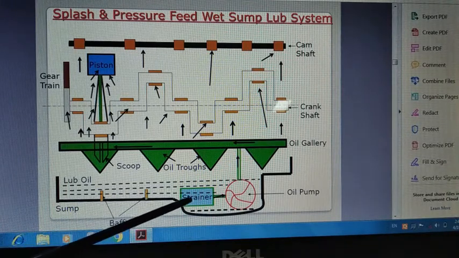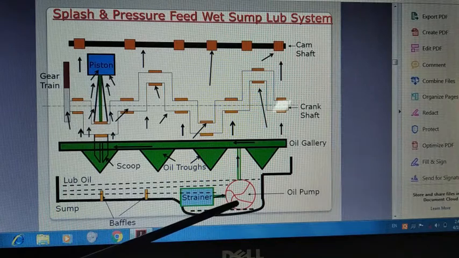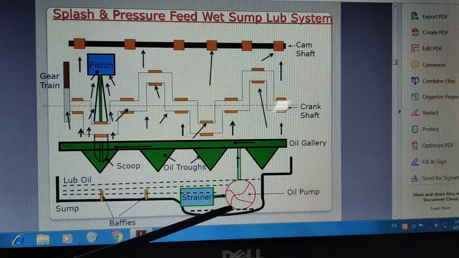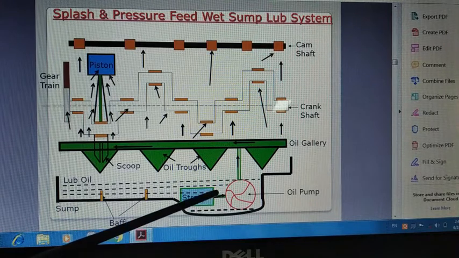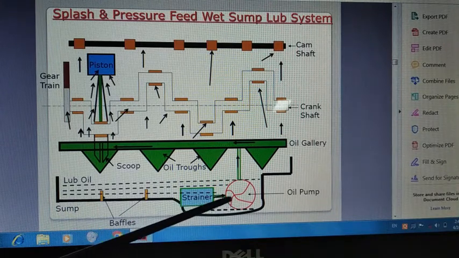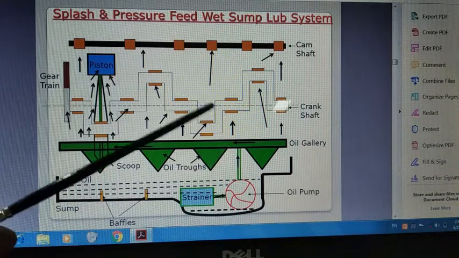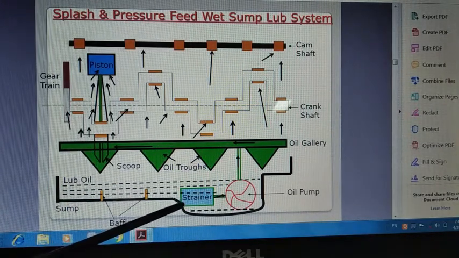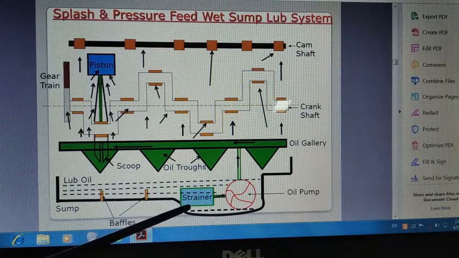So here lubricating oil is placed and we have one oil pump whose function is to pump the oil to the lubrication system. We have one strainer provided here in the sump.